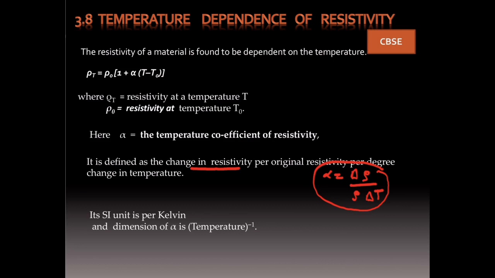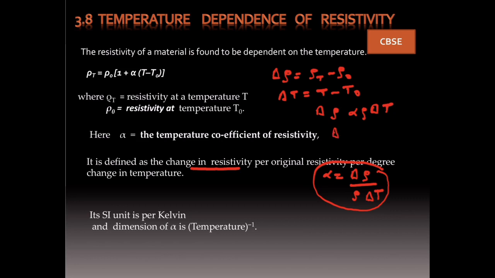This is important from the CBSE point of view. You can write this relation: delta rho equals final resistivity minus initial resistivity, and delta T is T minus T naught. So delta rho is proportional to change in temperature as well as initial resistivity.